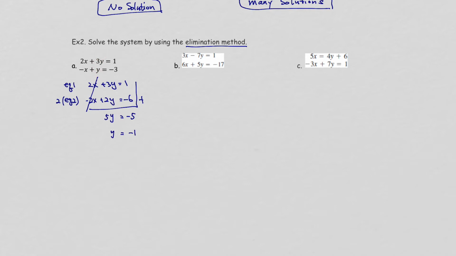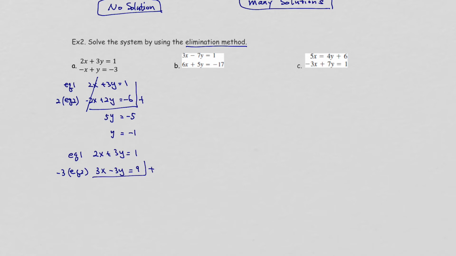So that means I'm going to again write equation 1 as it is. But equation 2, this time I'm going to multiply by -3. So then -1 times -3 is +3, minus 3y equals -3 times -3 is +9.